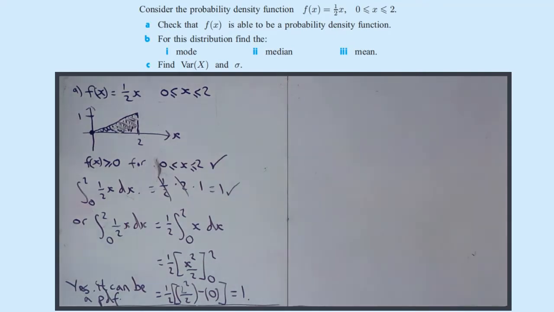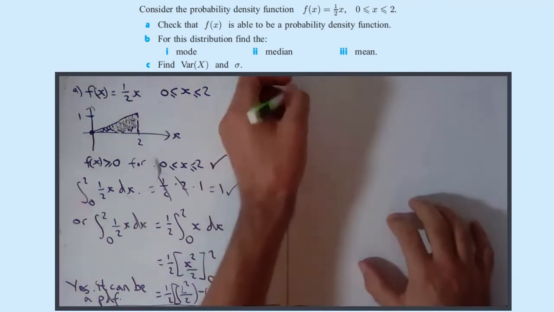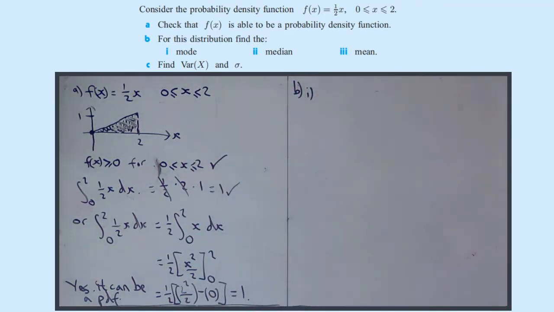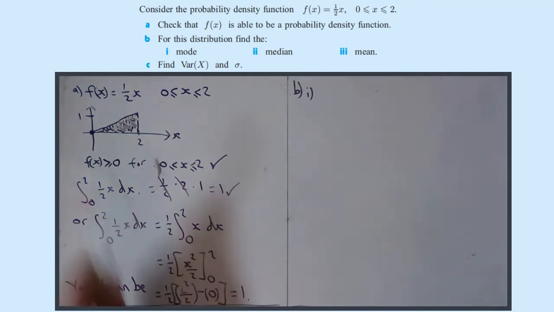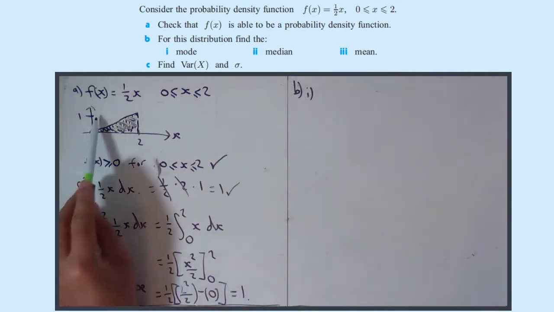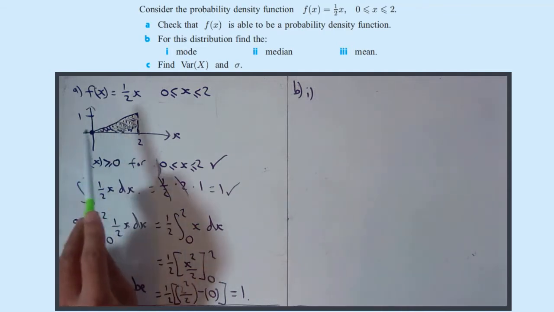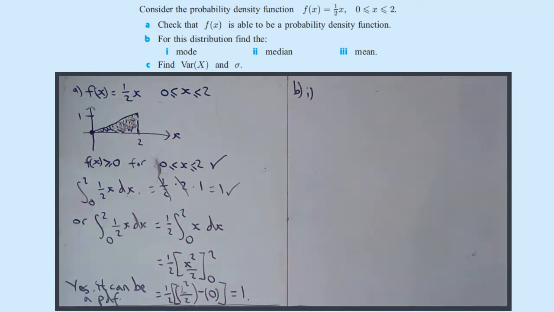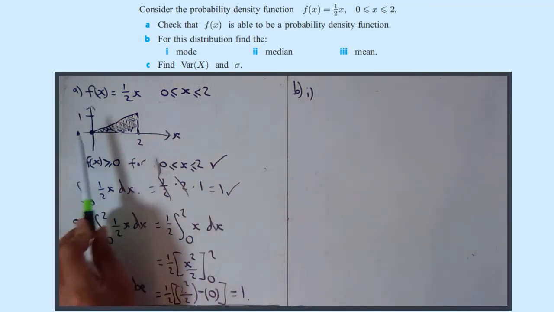Right, part B. B part 1, find the mode. Well, the mode is the most common. If you think about what this graph means, this axis is never really labelled, but it's kind of like probability density. If you've done frequency density histograms, it's a bit like that. Remember, area is the frequency.